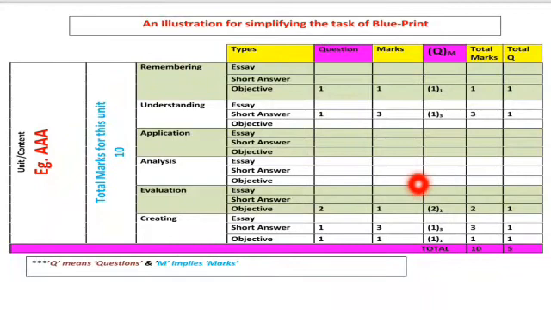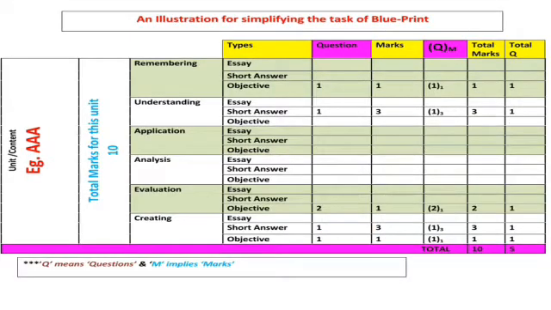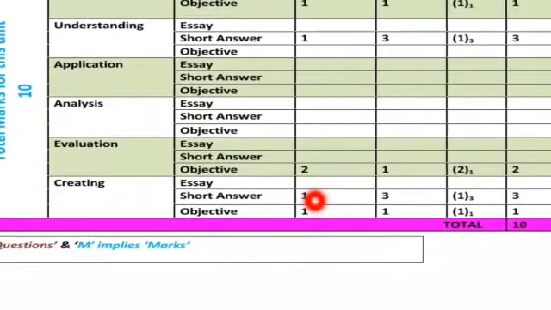All right, so again here, 1 question 3 marks means 1 question of 3 marks. Clear? Then here, objectives, 2 questions of 1 mark. Got it? In the evaluation part. Now in the creating part, 1 question of 3 marks, short answer type question.